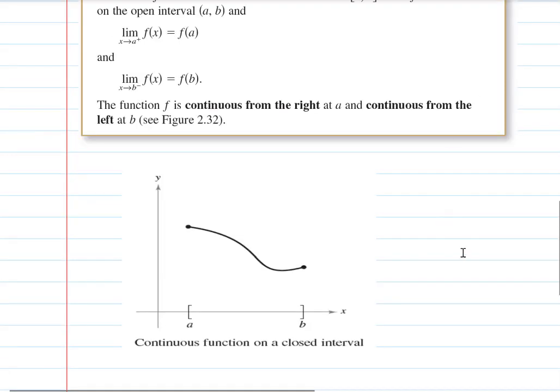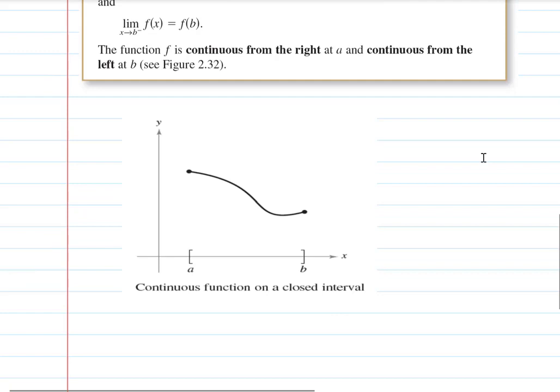Here we have the graphical representation of continuity on a closed interval. Let's say we have this function defined from a to b, and this is a closed interval, so we're counting the a and the b. We want to make sure that not only is everything continuous from a to b, not counting the endpoints, and graphically it's easy to see the continuity there, there are no holes, no gaps, but we also need to make sure about the endpoints.